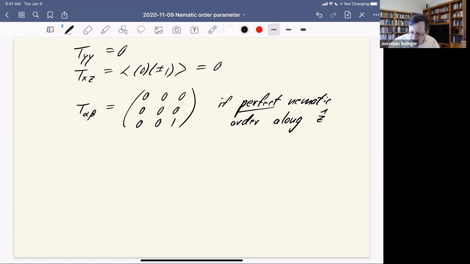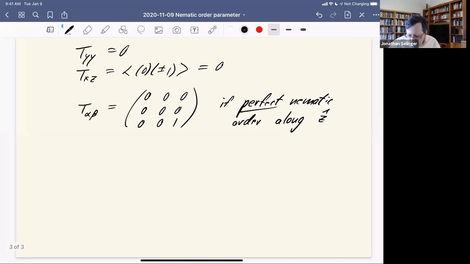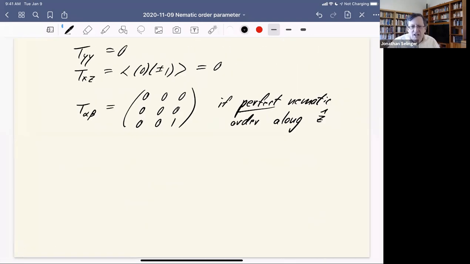Now, considering that T has these two possible forms, I could make a couple of cosmetic changes just to make it look nicer. One thing that would make it look nicer: wouldn't it be nice if we had a tensor that's 0 in the isotropic phase, because there's 0 nematic order in the isotropic phase, and it's non-zero in the nematic phase?